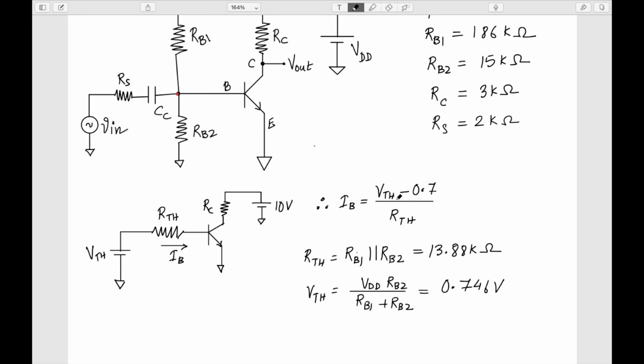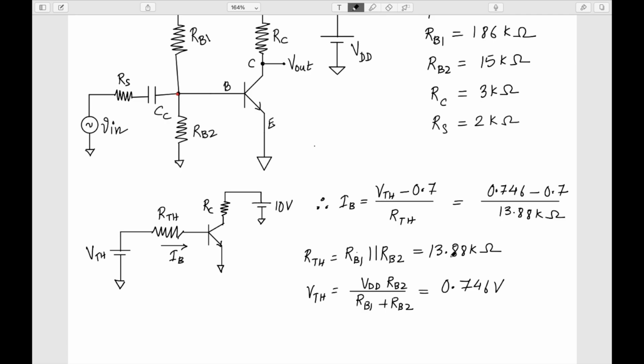Now if I estimate this IB, I get 0.746 minus 0.7, divided by RTH, which is 13.88 kilo ohms.